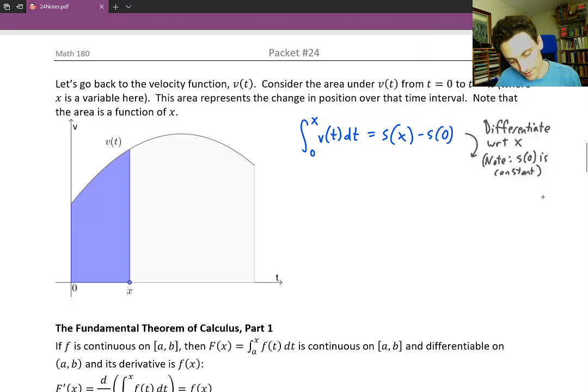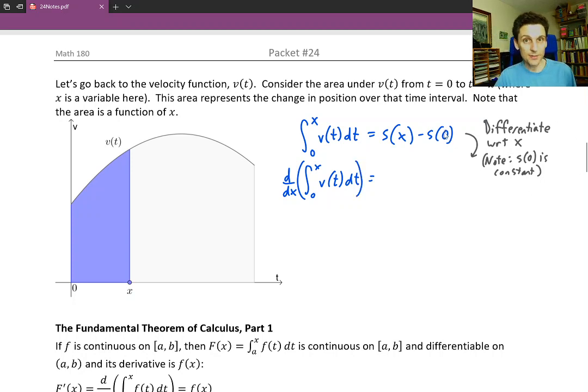Well, we'll write the derivative with respect to x on the left. I'll put some parentheses around here. Looks okay. And on the right, again, derivative of s of 0 is 0. The derivative of s of x is the derivative of s of x. So we can write s prime of x in that case.